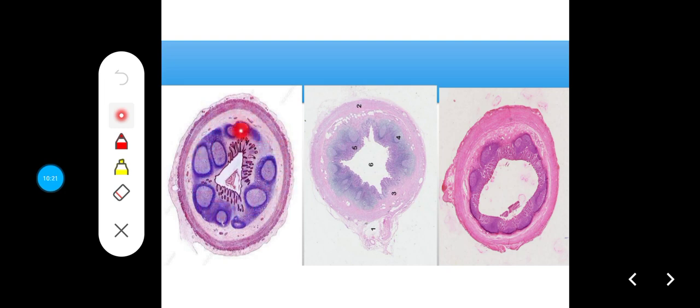One of the major functions, even though the function of the appendix in humans is rudimentary, is that these follicles can help in immune defense. So look at this also. Look at this. It stains deeply purple, more than other structures. And we've explained the reason for that.